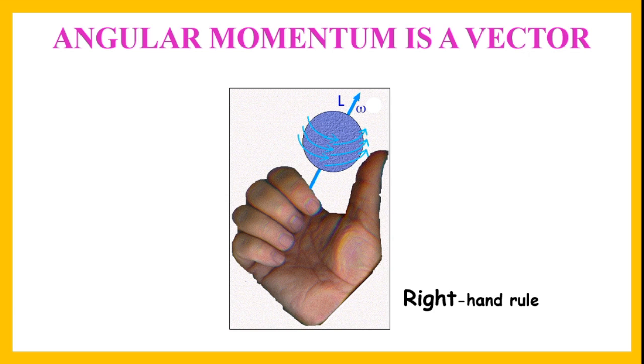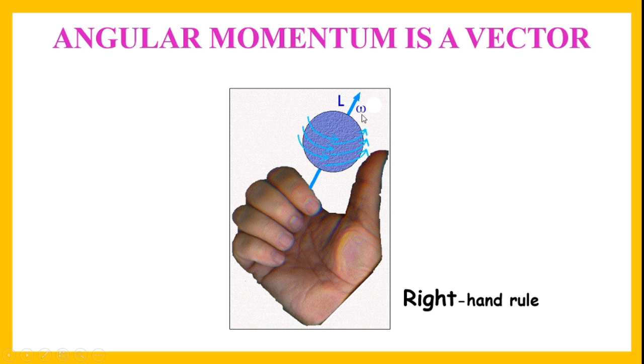Angular velocity is a vector, hence angular momentum is also a vector. So angular momentum has some direction. Angular velocity is in this direction, hence angular momentum also has some direction. Any quantity which has both magnitude and direction is called a vector.